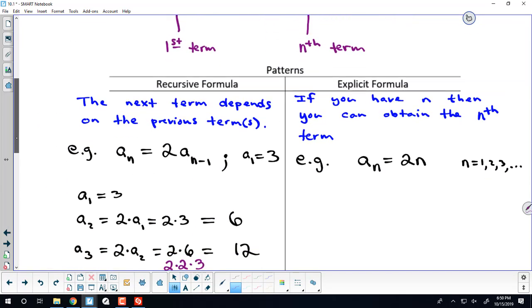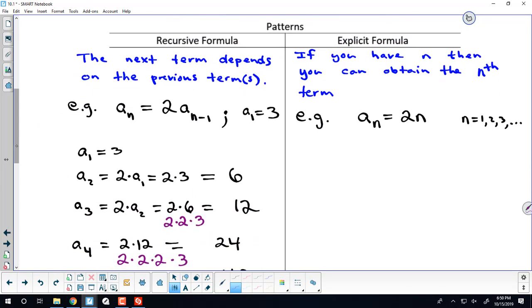How about if we look at this formula, a sub n equals 2n, for n equal 1, 2, 3, etc. Can we come up with a recursive formula for that? So we'll just list out the first 5 terms like we did on this one.